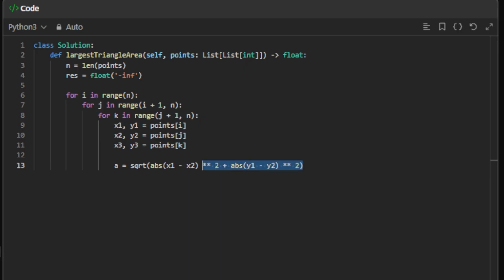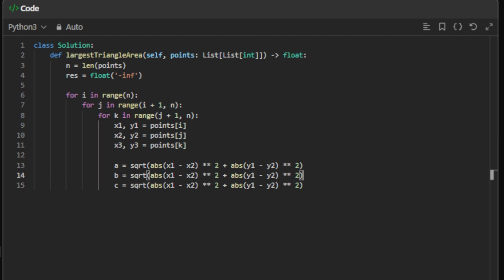And we are doing the same for B and C. So B is this, C is this, and this is x2, x3, and this is x1, x3.